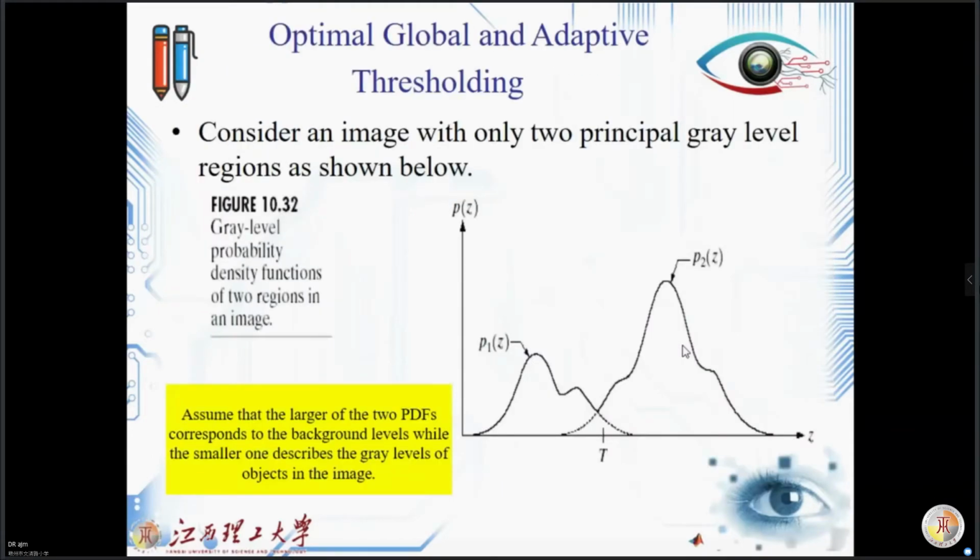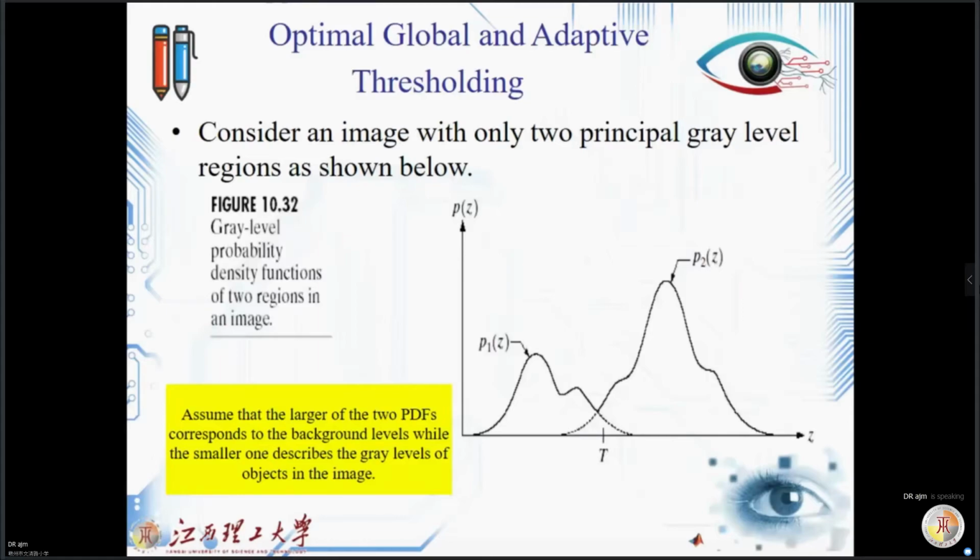Now, two methods of thresholding we have described. The optimal global and adaptive threshold is the third method of thresholding that we are searching for. Consider an image with two principal gray level regions, with peaks as I show in the figure, as the gray level probability density functions p1(z) and p2(z) of the two regions in an image.